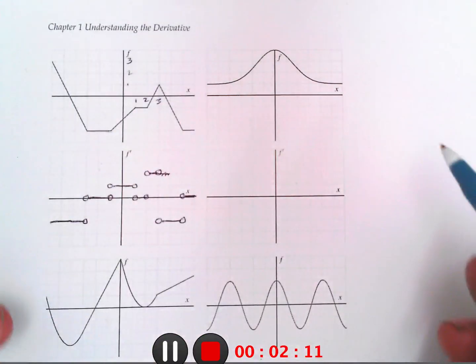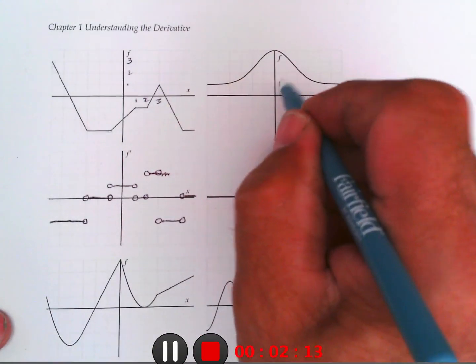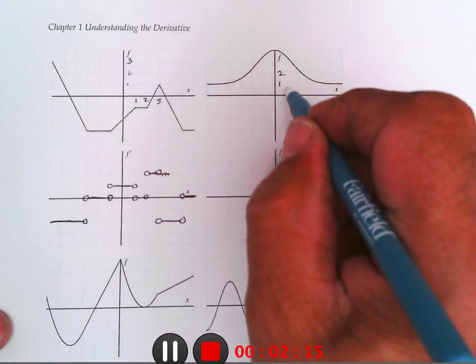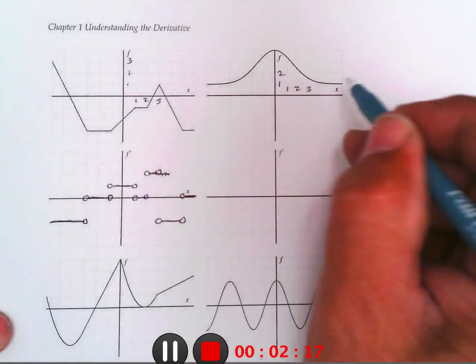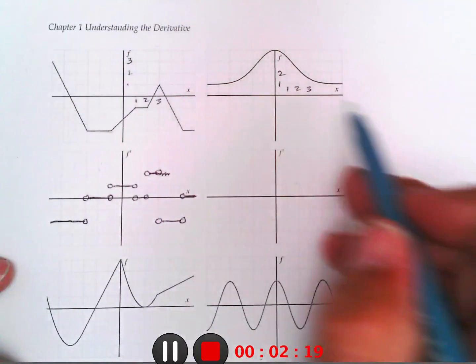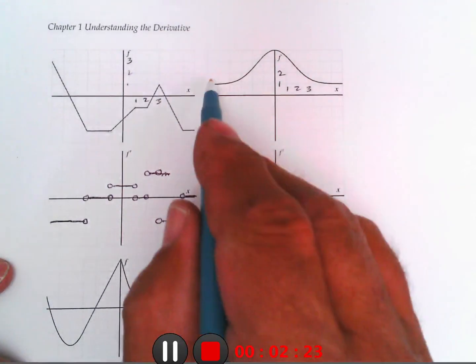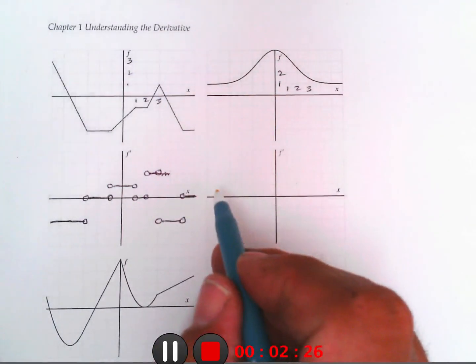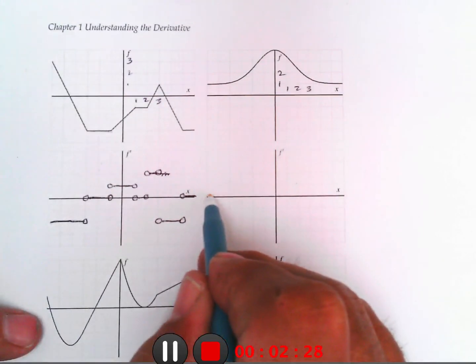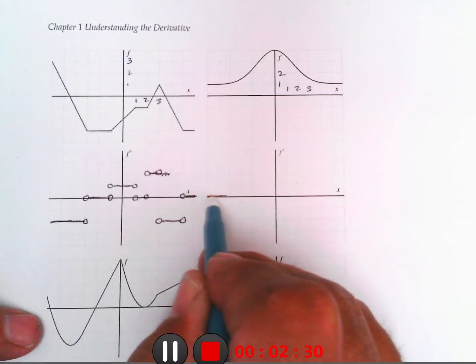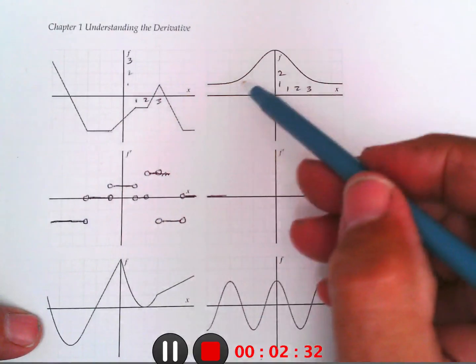Now, if this is 1, 2, 3, and 1, 2, 3 for the grid, and the slope here is almost 0, but it's on the positive side. And it finally gets to a slope of 1, which looks like this.